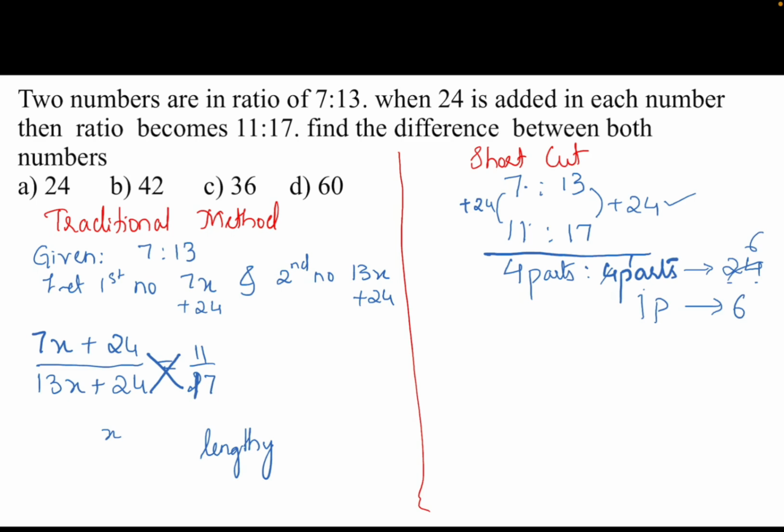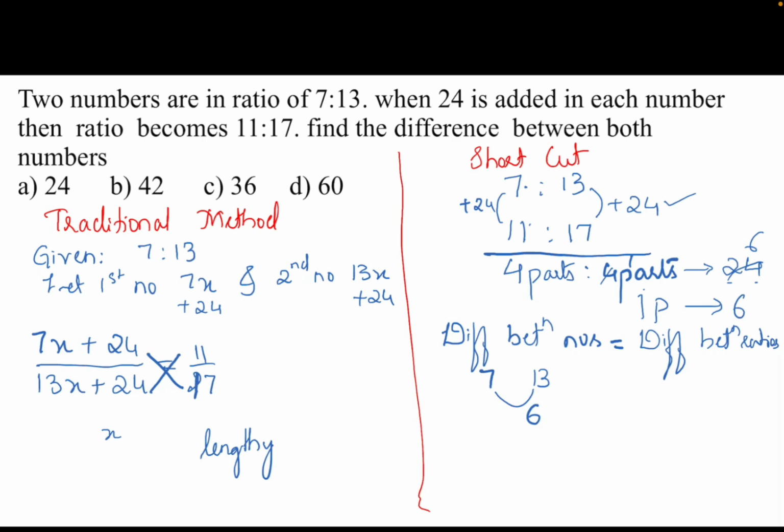Okay. Now difference between the numbers they are asking, isn't it? Now difference between numbers is always equal to difference between the ratios. Okay. Now ratios we know it is 7 and 13. Okay, the difference between 7 and 13 is how much? 6, isn't it? 6 parts is the difference. Okay.